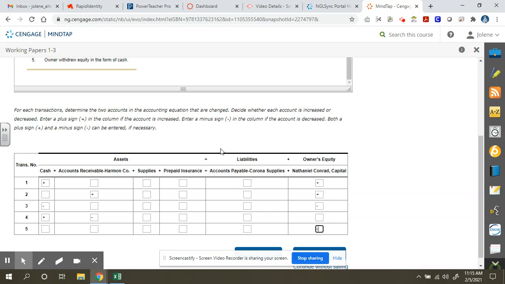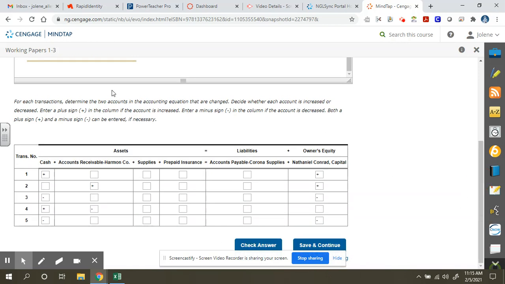So he's reducing his capital, his equity, and he's taking cash. Well, let's think about it. Nathaniel Conrad owns this business, all of it, including the money. He can certainly take his own money out. He just has to write it down. So that's why it has to be recorded, and it's recorded in the withdrawal account.